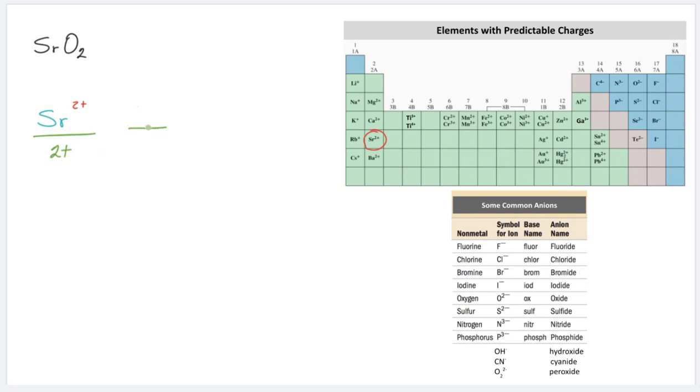The other species here, my oxygen, has to be -2 so they can cancel out, right? And the only one that can give me a -2 here is a peroxide group, a peroxide ion, because it's the one that has the -2 charge.